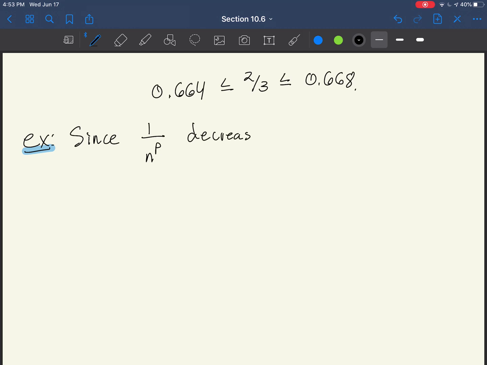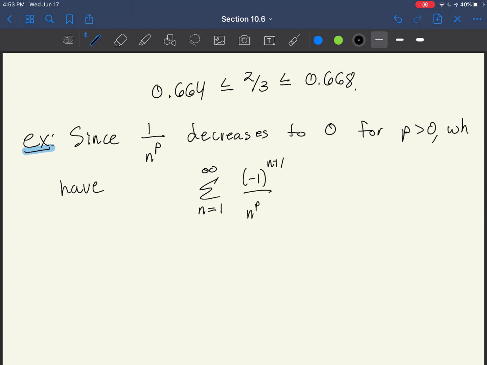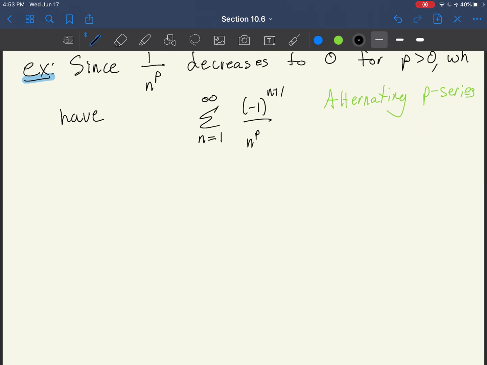So since 1 over n to the p decreases to 0 for p greater than 0, we have that the sum from n equals 1 to infinity of (-1)^(n+1) over n to the p. So this is our alternating p series.